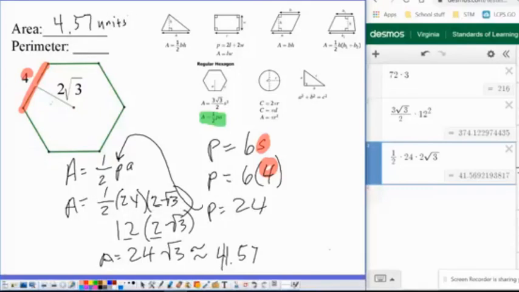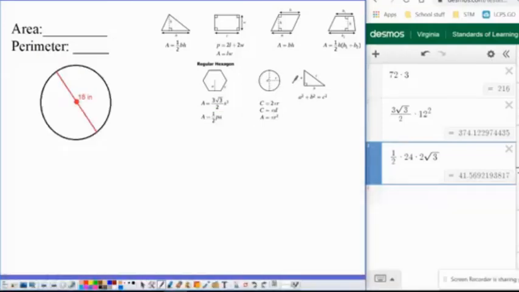So 41.57 units squared for the area, and I already found out the perimeter of 24 units.